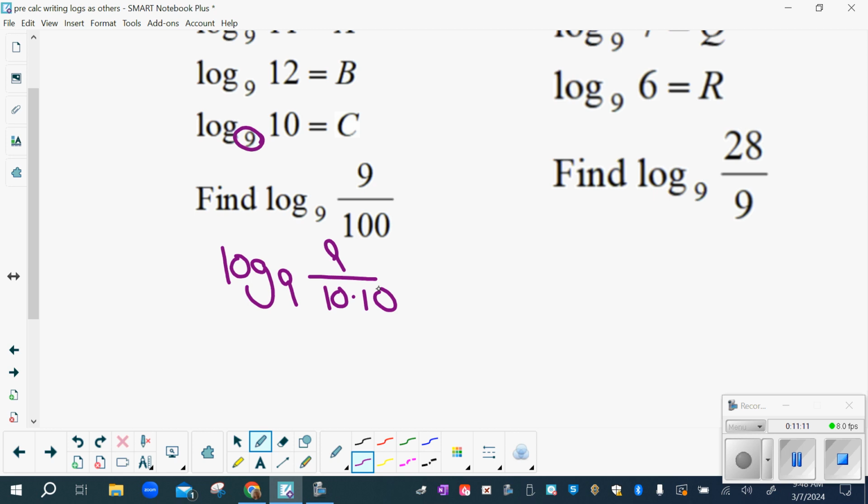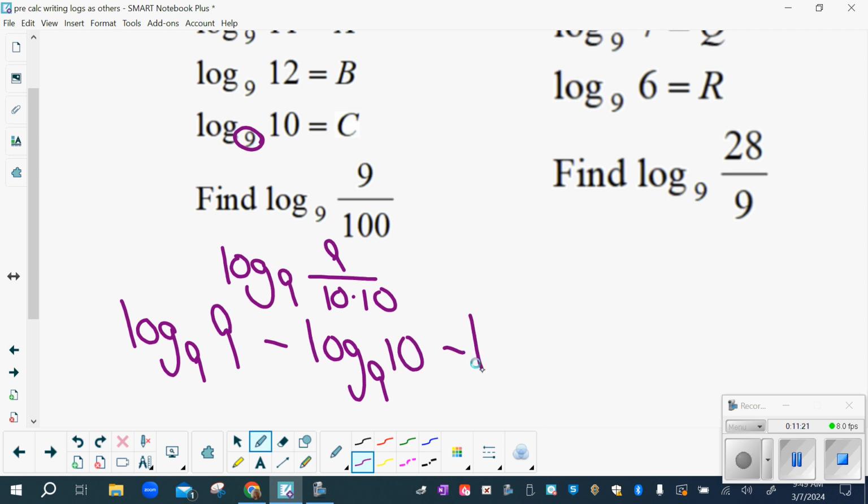So you can do it like this. Log 9 of 9 minus log 9 of 10 minus log 9 of 10. You can do it that way. That's awesome. And here's what I would get. I would get 1 minus C minus C.